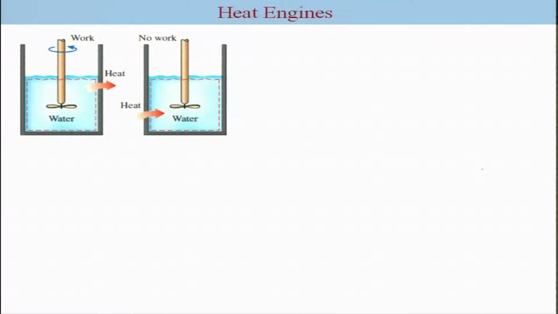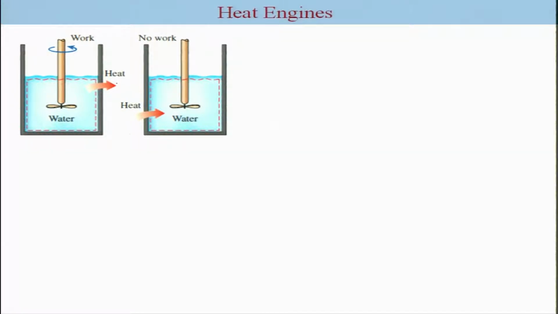Let us take an example which is well known to us. For example, you have a stirrer in a container having water, and while we rotate this shaft, which means that we are doing certain work, heat is generated because of that. That means the work is getting converted into heat.